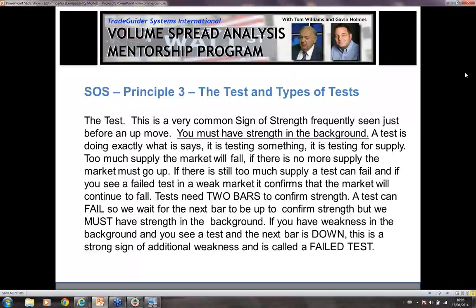Okay, number 3, the test. Now, this does seem to confuse some people, the word test, because it's a green signal, but there is a red signal in Trade Guide called a failed test, and that's the most important part of this principle, that a test can succeed, but it can also fail.